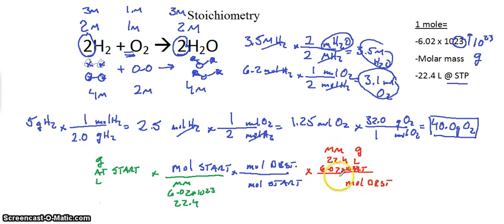Now these conversions are always per 1 mole, so you would have a 1 there. It's always 1 mole is the molar mass, or 1 mole is 6.02 times 10 to the 23rd. So what you start with, always start with that, divide by the molar mass to get the number of moles, and that's always a 1. Then you can go from moles of what you're starting with to what you're trying to find.